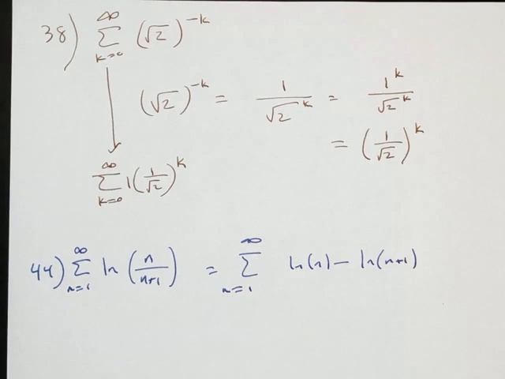Okay. Then the sum, that's 1 with ln of n, start at ln of 1, then the ln of 2 to ln of 3 up to ln of infinity minus 1. Oh, I don't know how to do ln of infinity.